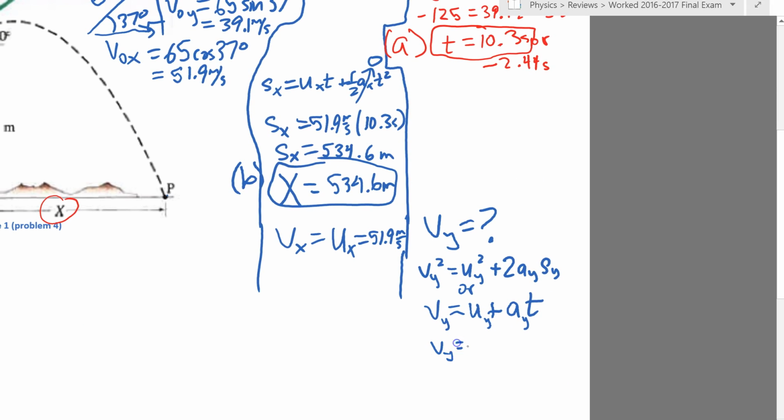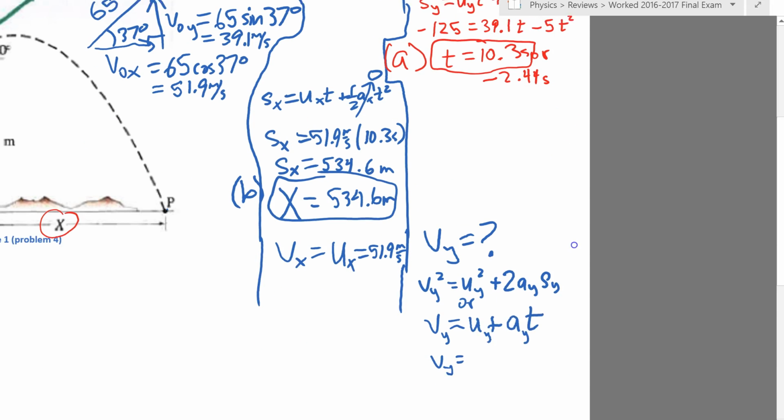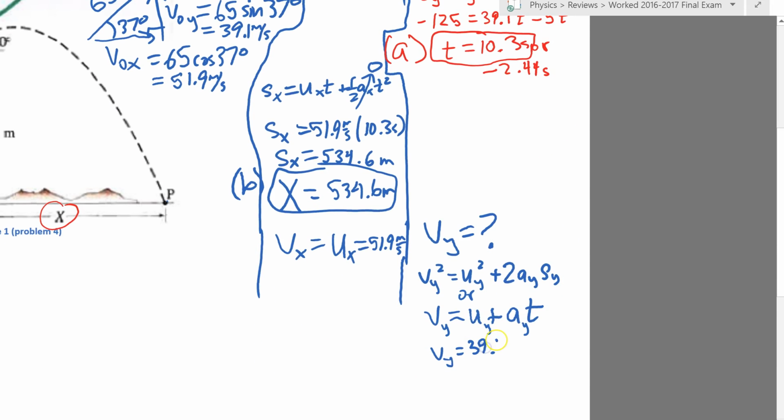So Vy equals initial velocity, 39.1, plus negative 10 times 10.3. And that equals negative 63.9.